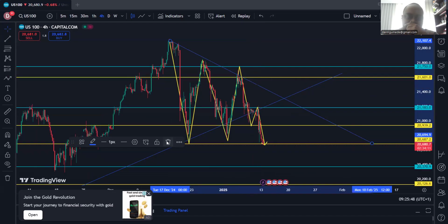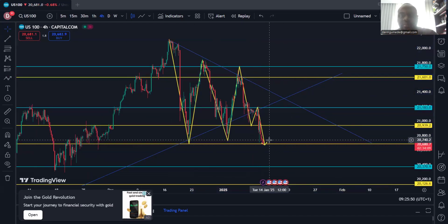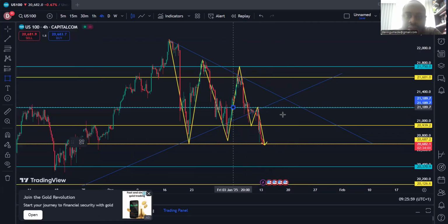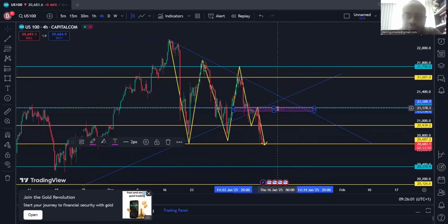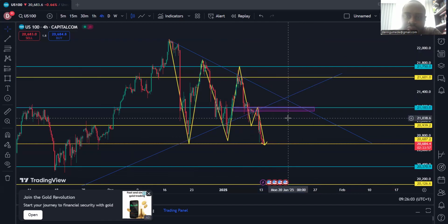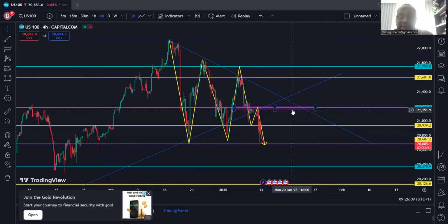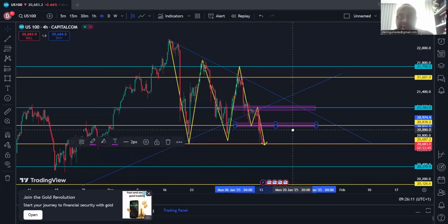So what we could possibly also be expecting is that price can come and touch within this area right here. These are just my presumptions. So price can either touch through this area or this area.